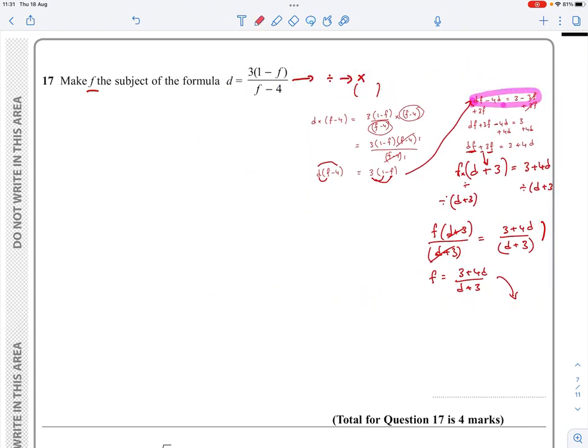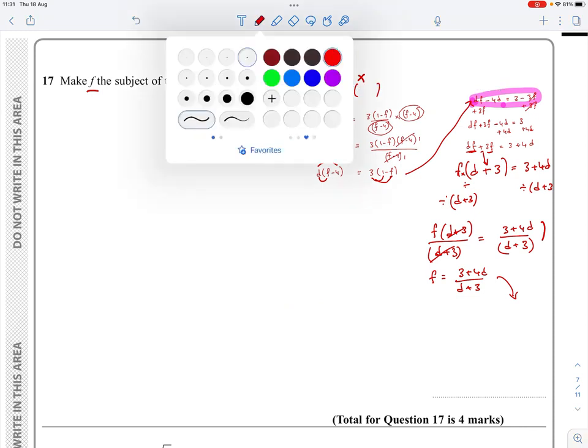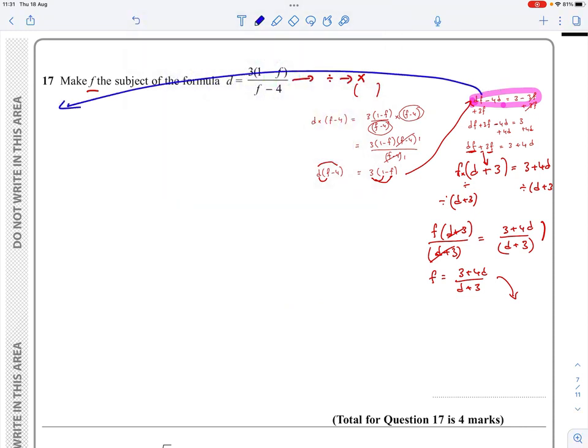So let's say we did a different approach from here. We have df minus 4d equals 3 minus 3f. Let's say you did send the df to the other side. There's a plus df, right? Let's say you did minus df on both sides.